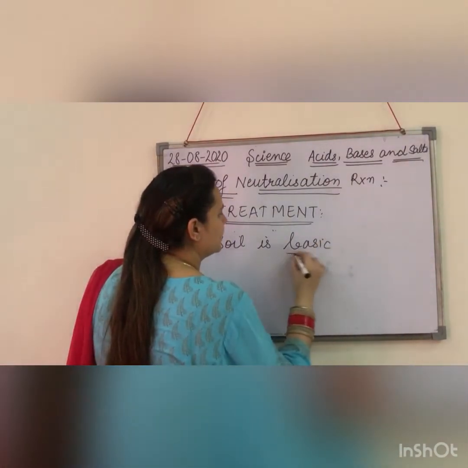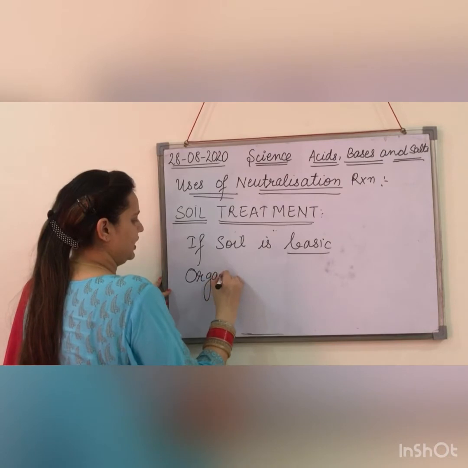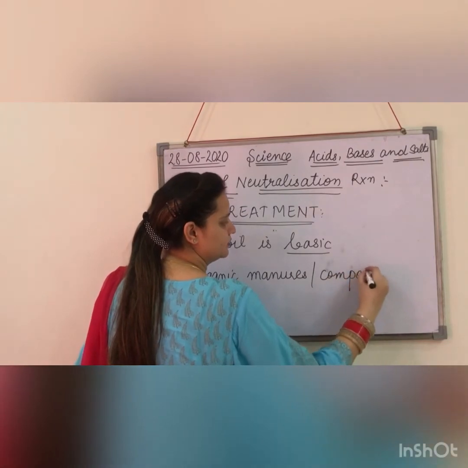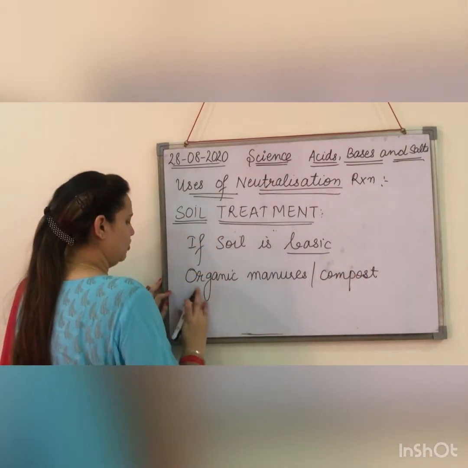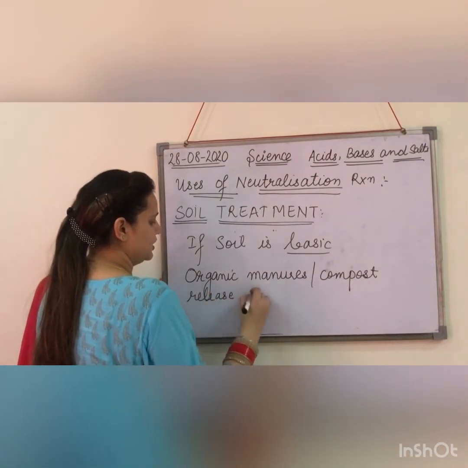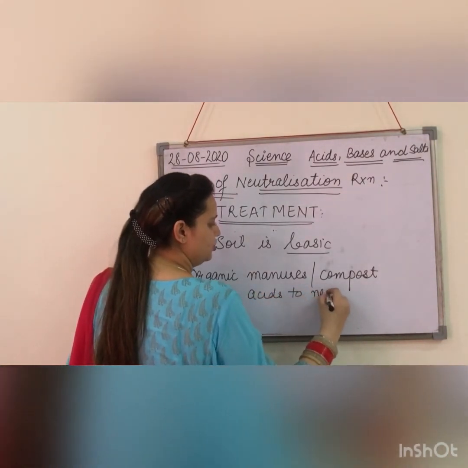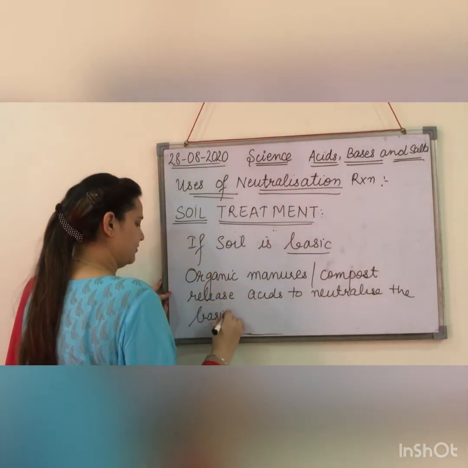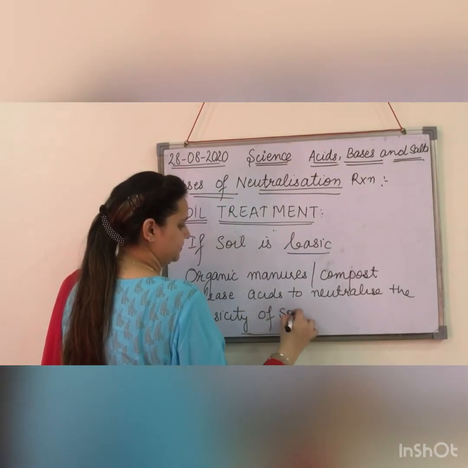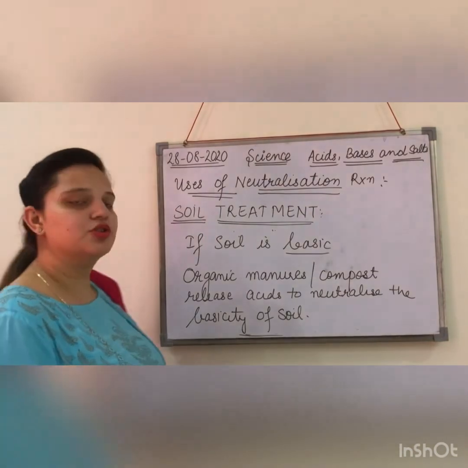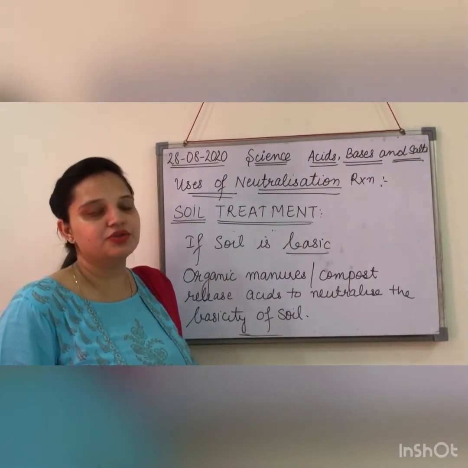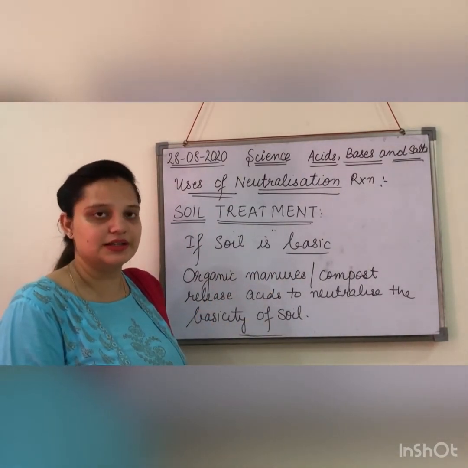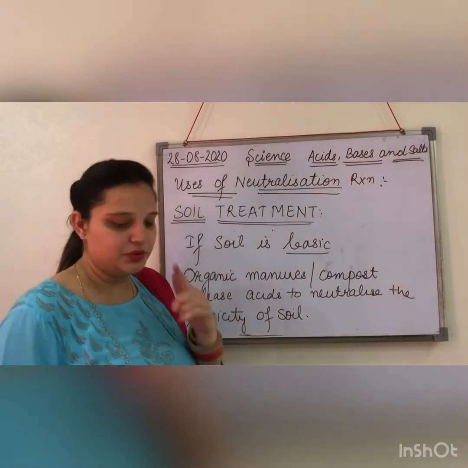Basically we can add organic manures or compost. They release acids to neutralize the basicity of the soil. So if the soil is acidic, we can neutralize it with the help of a base, and if the soil is basic, we can neutralize it with the help of an acid. So this was the second use.